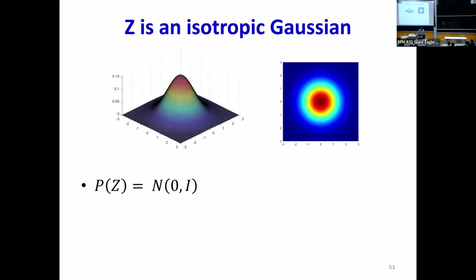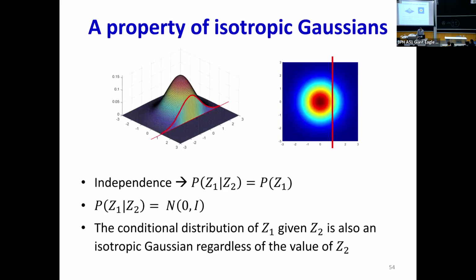That's what we assumed. And this means that if I slice this distribution along any plane, on that plane, so if I've got two variables, Z1 and Z2, then the joint distribution of Z1 and Z2 is a standard Gaussian. If I give you Z2 and ask what the distribution of Z1 is at this Z2, it's like slicing the distribution at Z2.